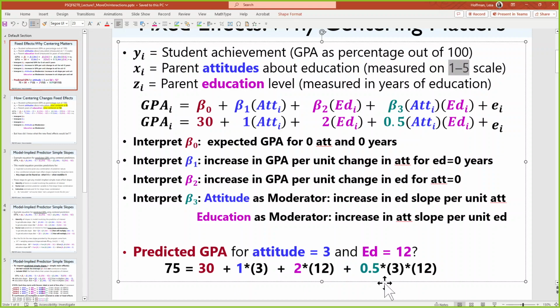Lisa, do you have a slide that talks about, right, so we're getting this slope essentially for ed slope or attitude slope, depending on which way you're talking about? It took me a while to understand that that was talking about the slope and not a predicted value. Do you have a slide that kind of shows that in your lecture?